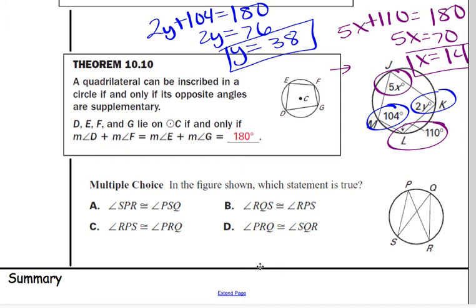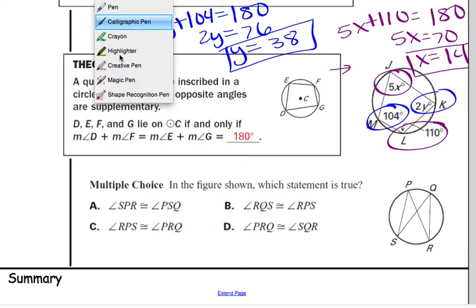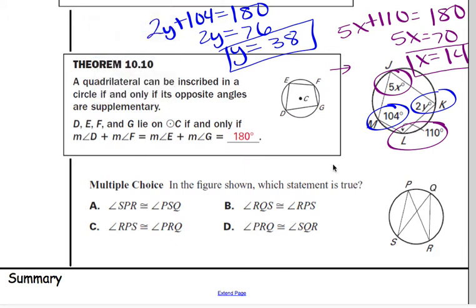And then here at the bottom, we just have an extra sample, and it's a multiple choice question. It says, in the figure shown, which statement is true? And so they're asking you which pair of angles is congruent. And over here in the picture, they don't have anything really labeled. So what we need to use for this picture is the theorem where they're intercepting the same arc.